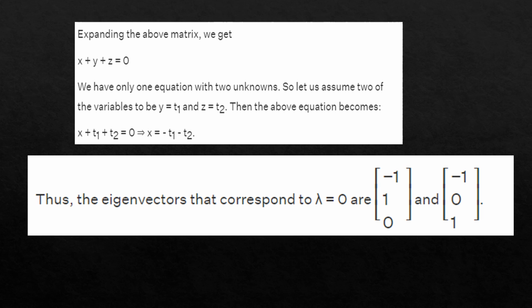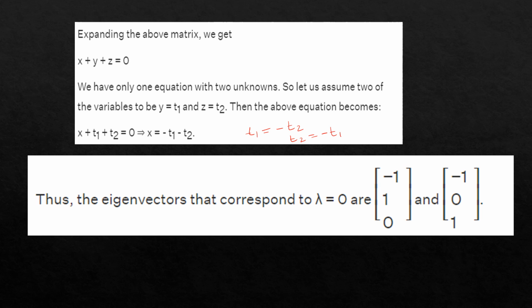So again, there is a relationship between t1 and t2; we can have t1 equal to minus of t2, or t2 equal to minus of t1.